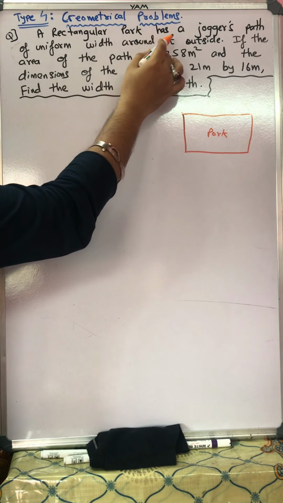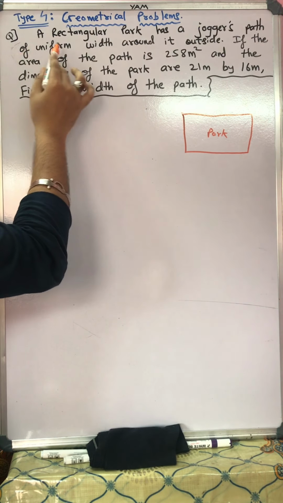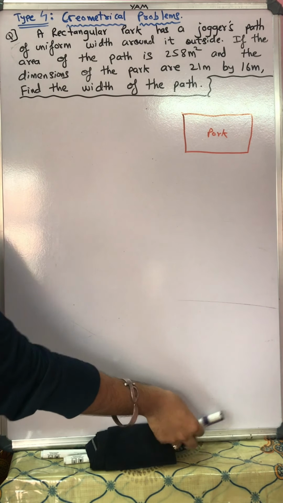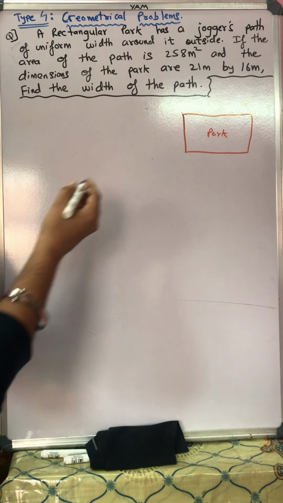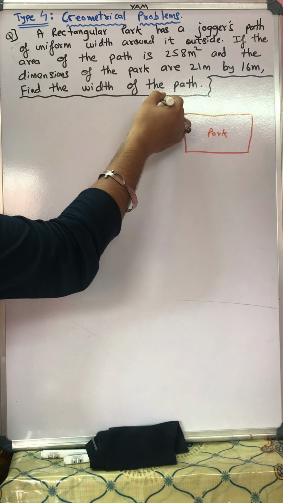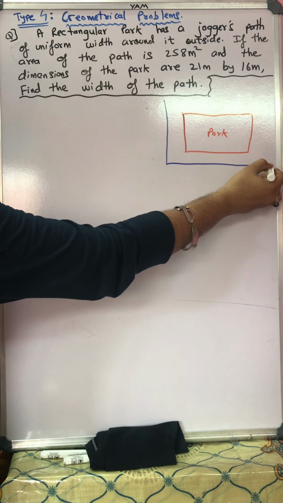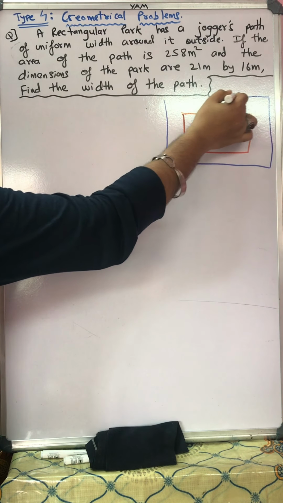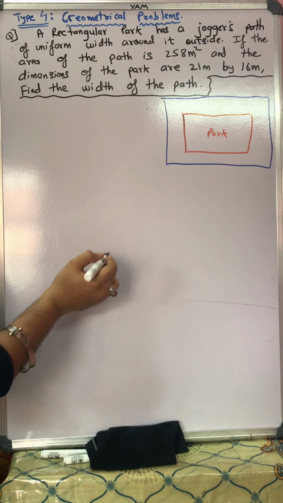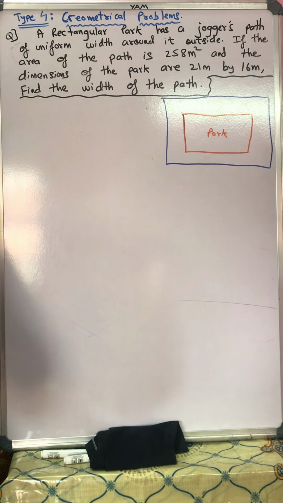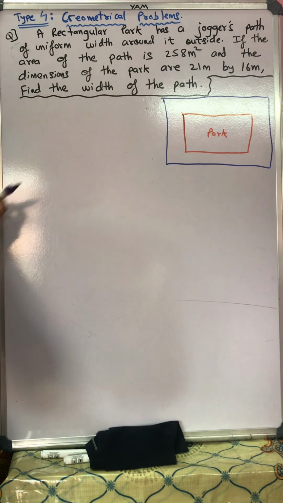A rectangular park has a jogger's path of uniform width around it outside. Okay, so let me now draw the jogger's path where people walk. Okay students, so see here, a rectangular park has a jogger's path.